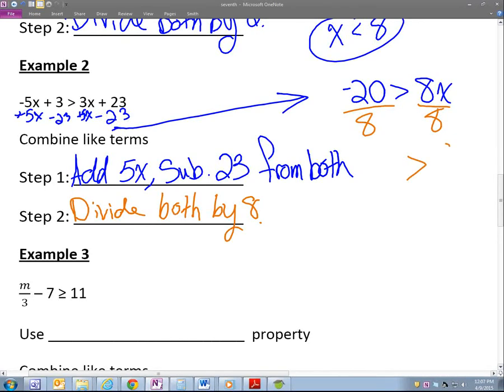So on this side, I just have x. And on this side, I know that 8 times 2 is 16. 8 times 3 is 24. And 20 is halfway there. So it's negative 2.5 equals x.